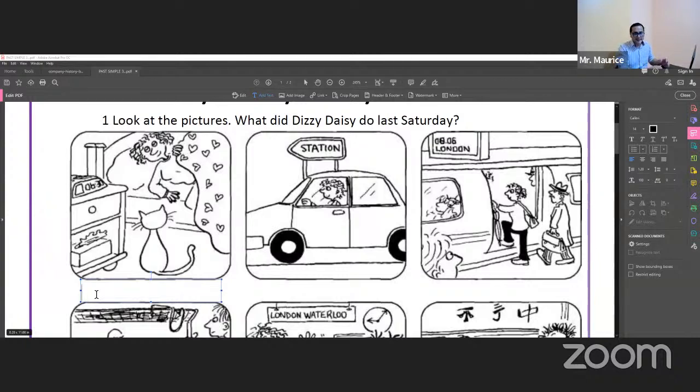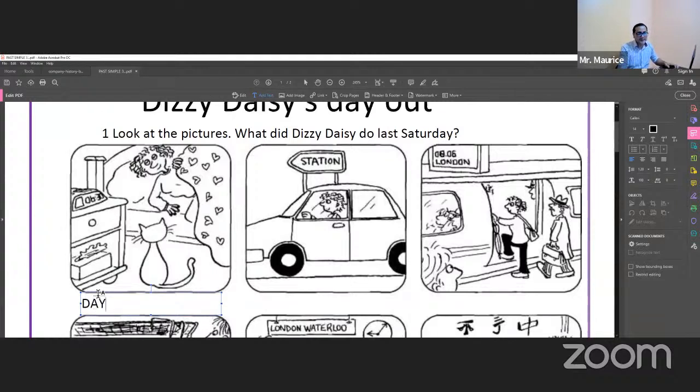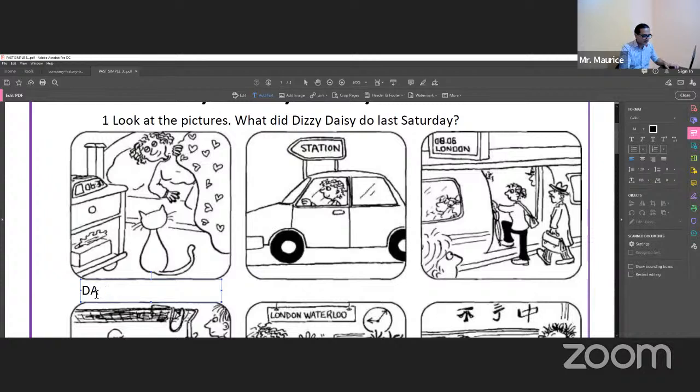In this case, it is Daisy. Okay? Daisy. And it is the past. We need to use the verb in past. In picture number 1, the correct verb is wake up.